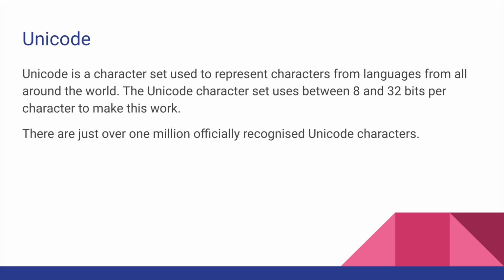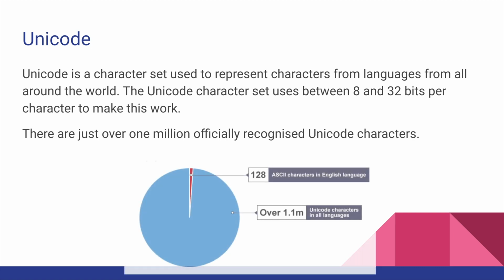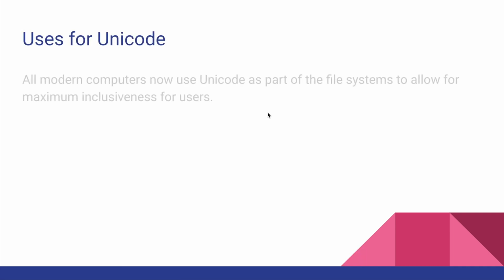The Unicode character set uses between 8 and 32 bits per character to make this work. And in fact, there are just over 1 million officially recognised Unicode characters, which is pretty much every character in every language. So we have 127 actual characters for English, 1.1 million for Unicode. Which one's more likely to be useful?